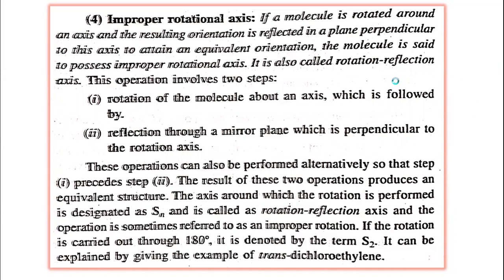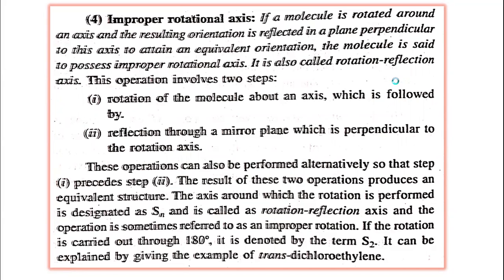So there are two processes. First, rotation of the molecule about an axis. Then reflection through a mirror plane which is perpendicular to the rotation axis. We have to pass the plane through that molecule, perpendicular to the rotation axis.